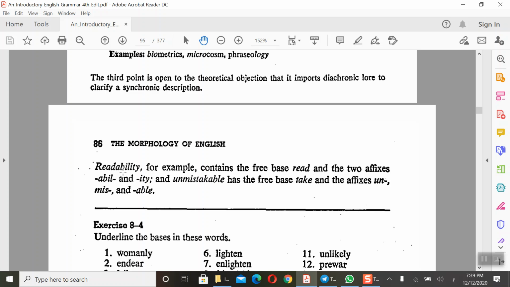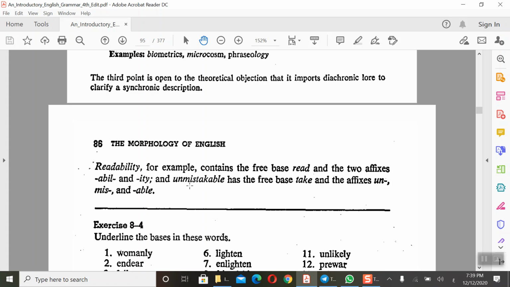We said that a free morpheme or base has a principal meaning. And here read is free. We said read can stand alone, so it is a free base. And the two affixes, able and ity, they are affixes. They are called suffixes. Suffixes, we will talk about this.